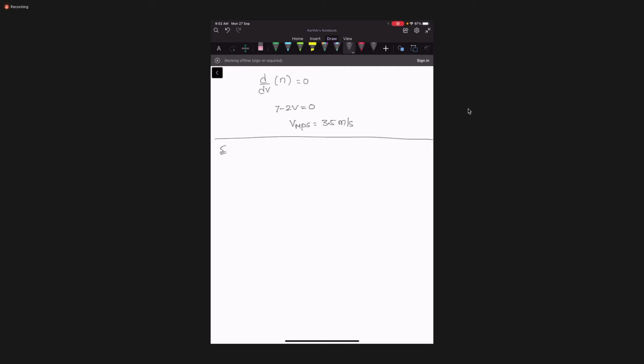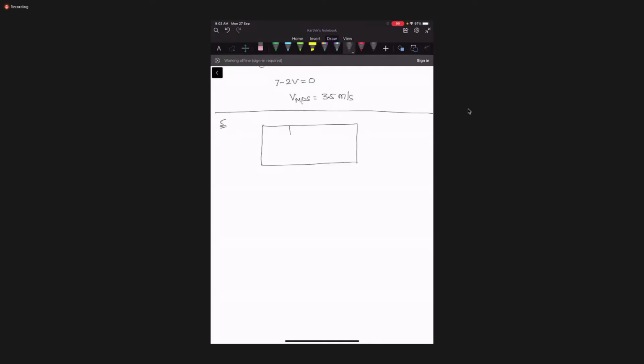Now the pistons are released. Then the final equilibrium length of part A will be. This is B, the pressure is 2P. This is A, the pressure is P, and this is C, the pressure is P.